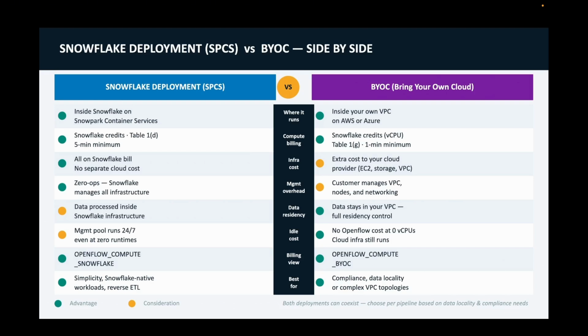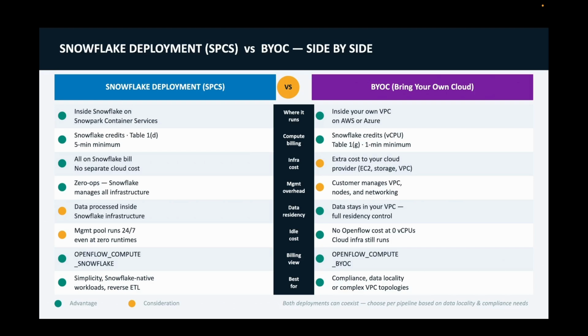Whereas in BYOC, the cost is split between Snowflake and your cloud provider, because the majority of your infrastructure runs in your cloud, but there is some management activity that needs to be done by Snowflake, so the cost is split between both AWS and Snowflake.